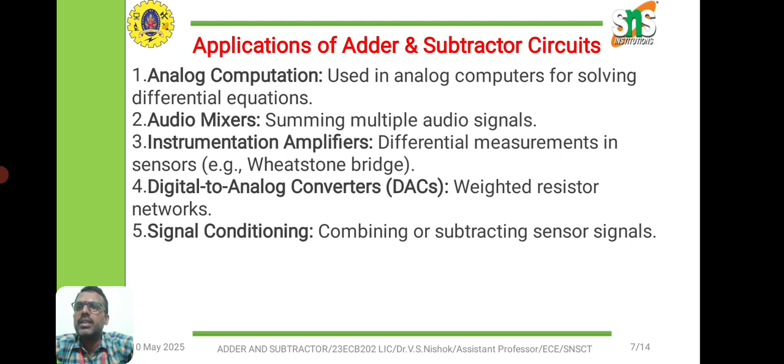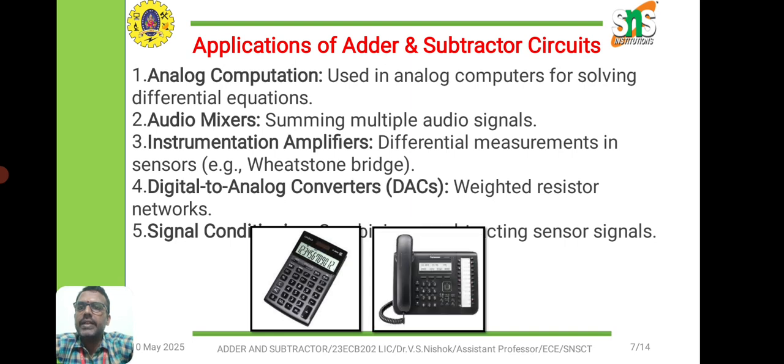Coming to the applications, with the help of the operational amplifier we have designed the adder and subtractor circuits, and they are widely used in analog computation, audio mixers, instrumentation amplifiers, D2A converters, and signal conditioning.